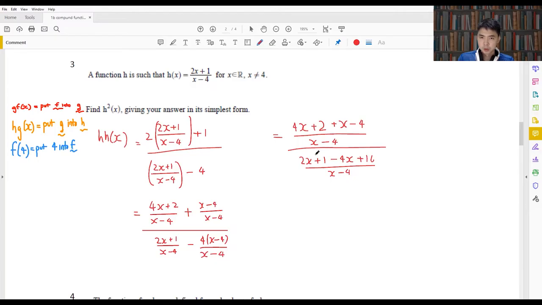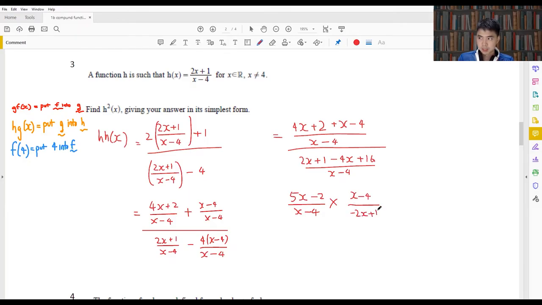From here, we know that it is this value divided by this value, which means since it is a fraction, we're going to flip the values. 4x plus x is going to give you 5x on top. 5x minus 2 over x minus 4 multiplied by this fraction here, flipped, x minus 4.